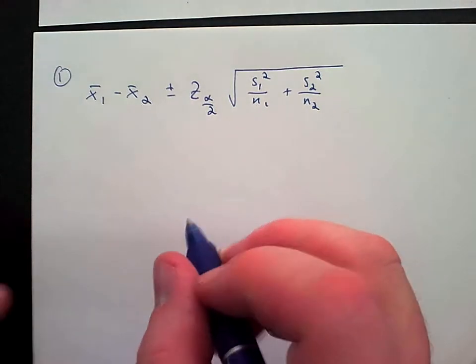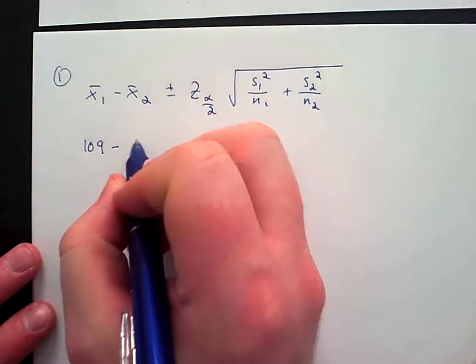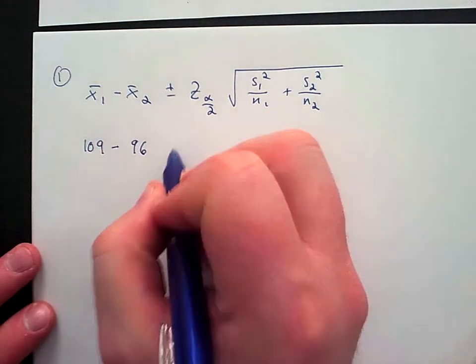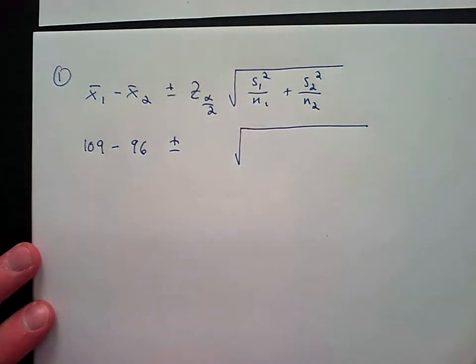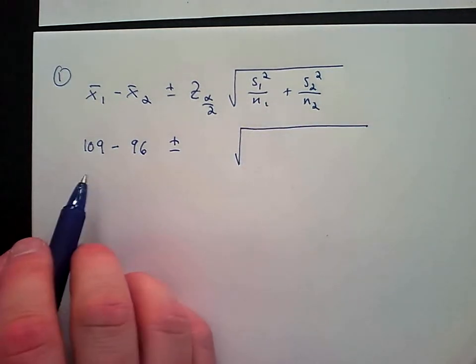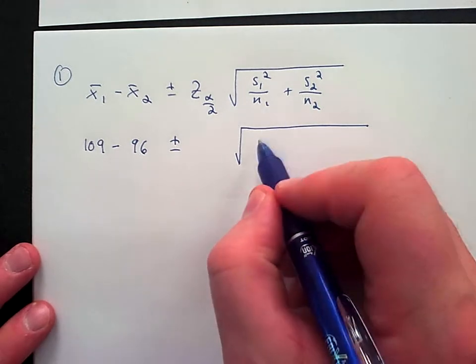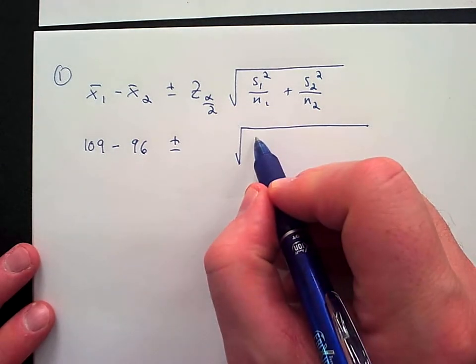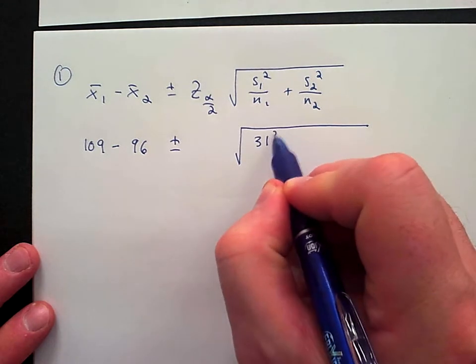So here then for x bar 1, we're going to have 109 minus x bar 2, it's 96. Plus or minus, I'm going to skip the z sub alpha divided by 2 here for a second. Is everybody good with where I got those two numbers from? And then s1 squared, what are we going to use for s1? 31.